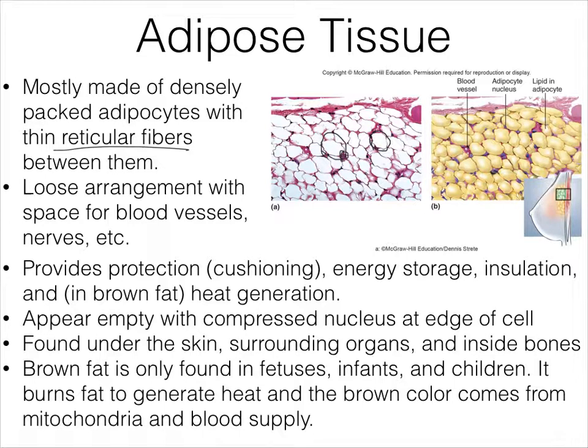You need to know the function of that tissue and where that tissue would be found in the body. And for lab, you should be able to recognize that tissue on a slide or picture of cellular material.